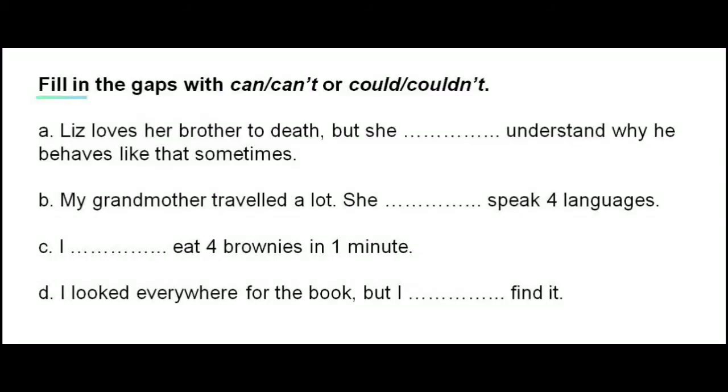And now it's time for you to practice on your own. Read the following sentences and fill in the gaps with can or can't or could or couldn't. A. Liz loves her brother to death, but she understand why he behaves like that sometimes.